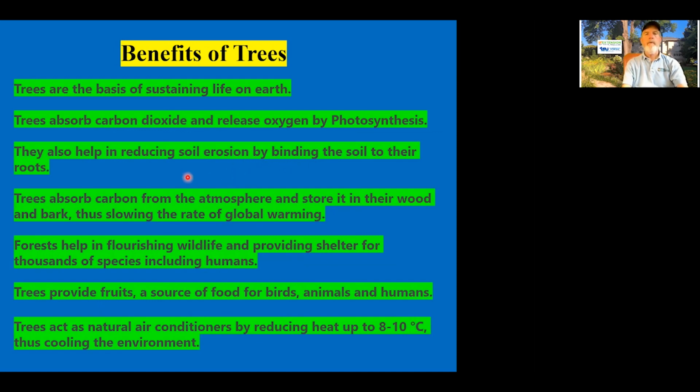They absorb carbon from the atmosphere and store it in their wood. That slows global warming. They help nourish wildlife and provide shelter for thousands of species, providing nuts for birds, animals, and humans. They're natural air conditioners because not only around our house, but even in the forest, they provide that air conditioning, cooling for other things that live in the forest.